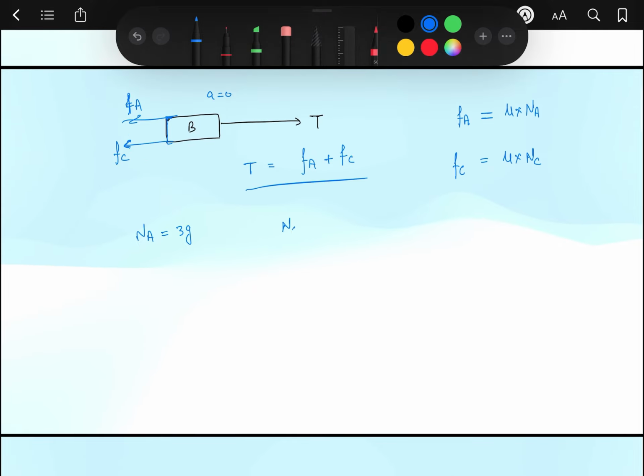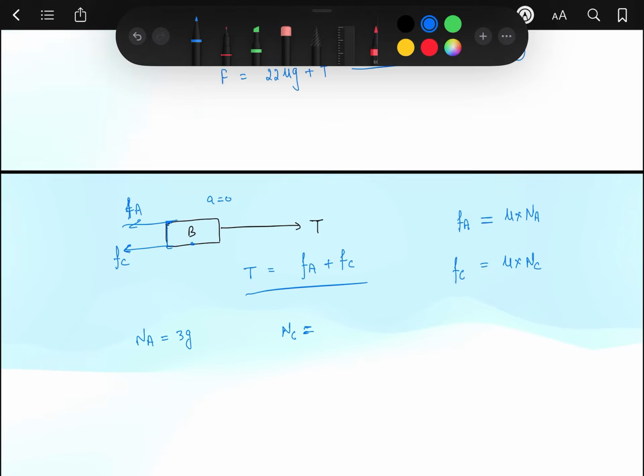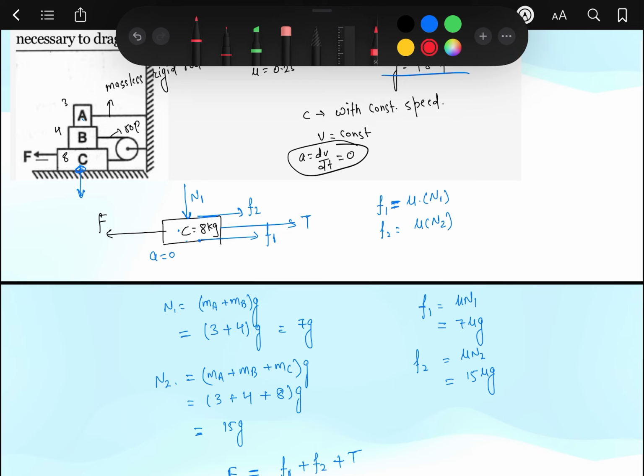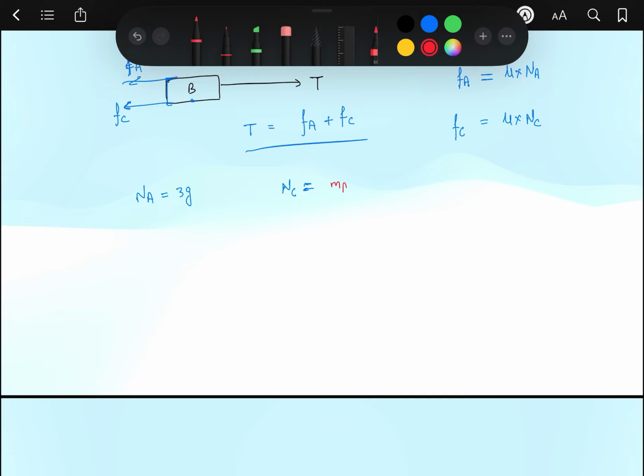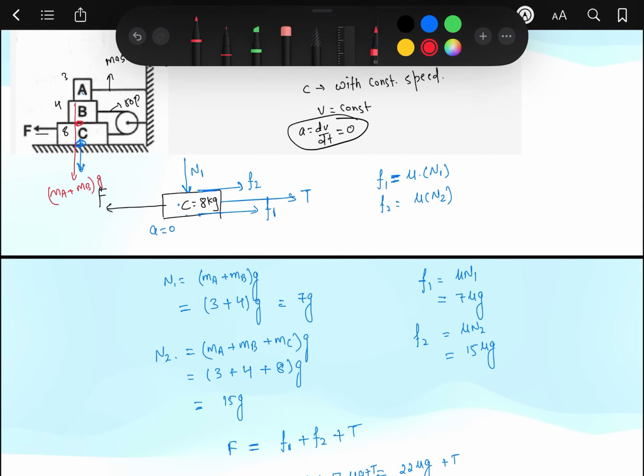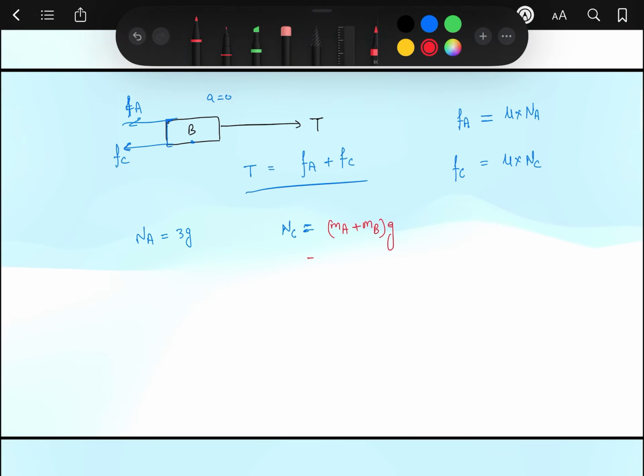Similarly NC will be equal to what? At this lower surface, how much weight is acting, that is MA plus MB into G. So NC will be equal to MA plus MB into G, and the value of MA and MB is 3 plus 4, so 7 into G, okay.